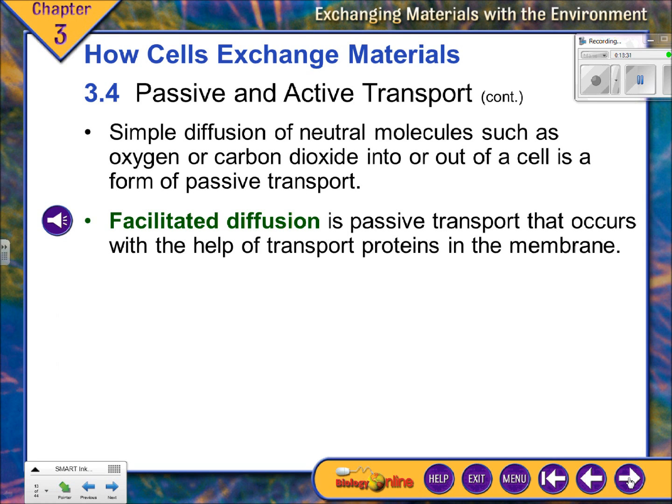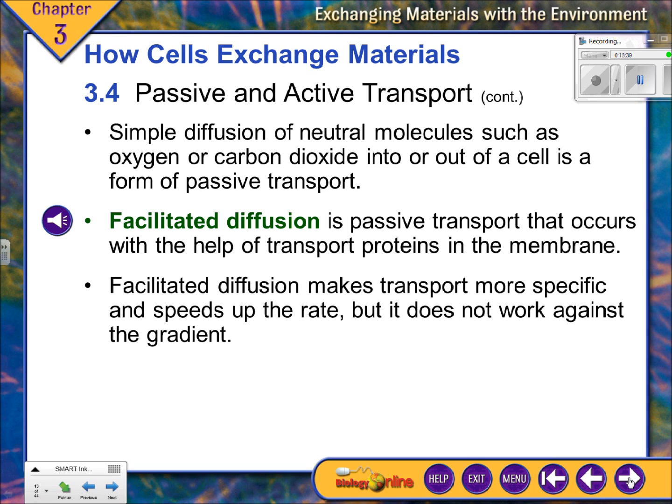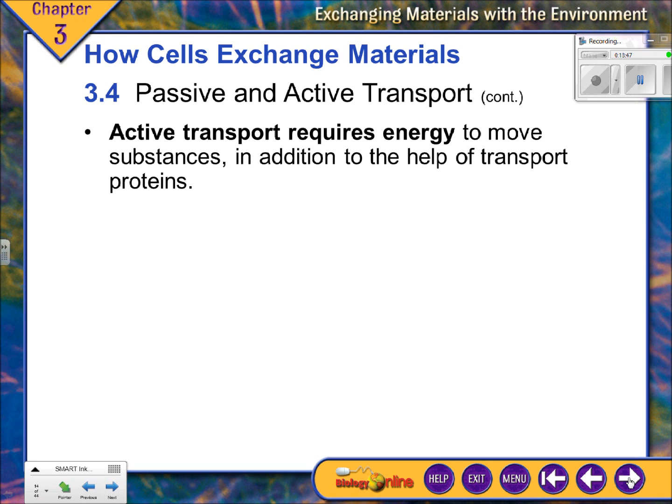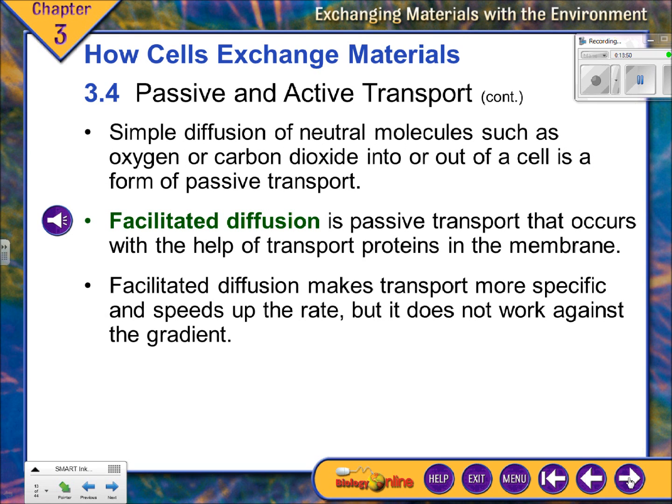Okay, now back to passive, I need to talk about another type of diffusion called facilitated. And that simply means that you're going to use one of those protein channels to get it through the membrane. So there's not just two types of passive transport. There's a third one called facilitated.